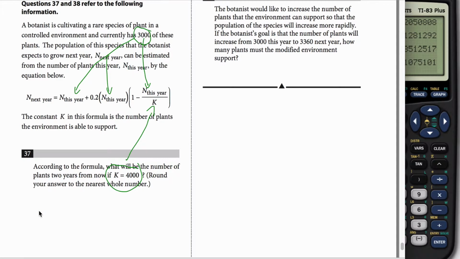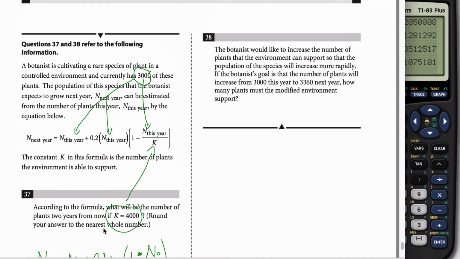So maybe n1 is equal to n0 plus 0.2 n0 times 1 minus n0 divided by k.